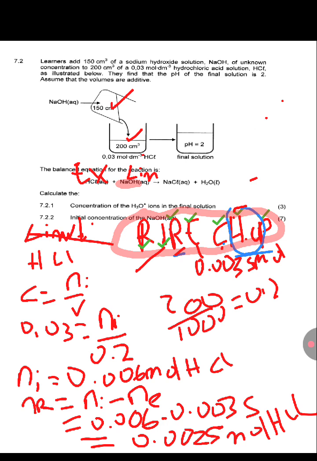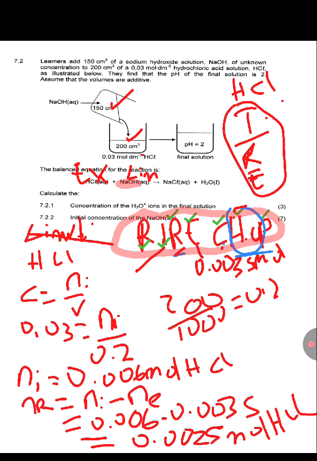For HCl, I have the initial moles, the reacted moles, and the excess number of moles. Out of these three, it is only the reacted number of moles that I'm going to use in a ratio.